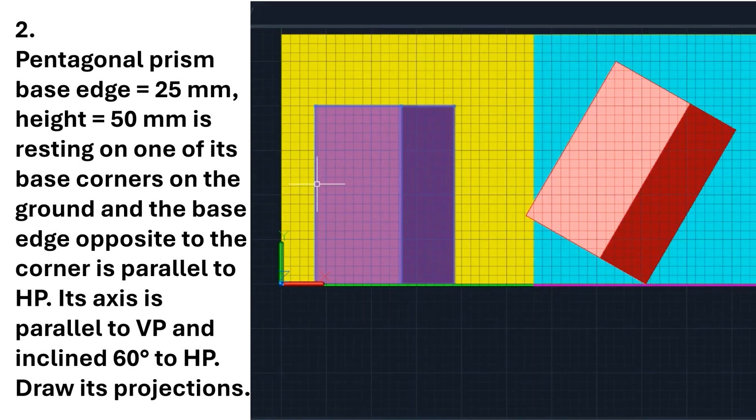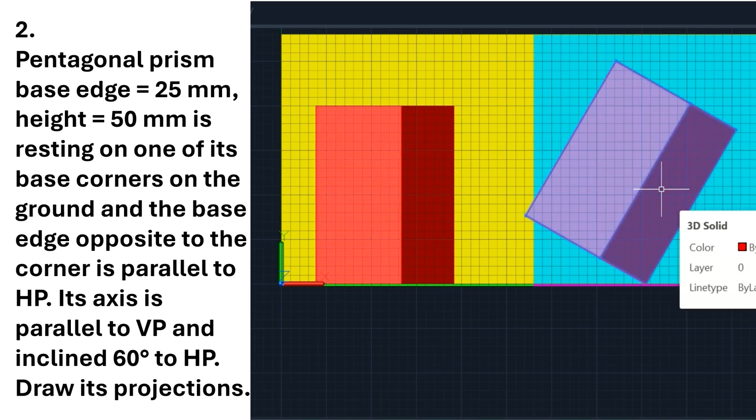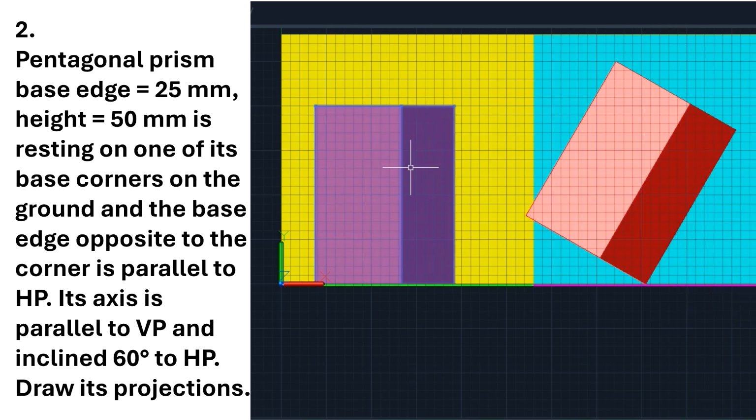Then if you rotate this front view by the required angle, you will get the third view. So this is what we call view 2. View 2 and view 3 have the same shape, but view 2 will be rotated by the required angle and we get the third view. So here we will get the same nomenclature, only the axis will be making 60 degrees with the horizontal plane. Then we will draw the projections and we will get the final view.